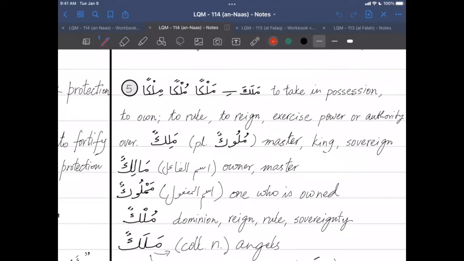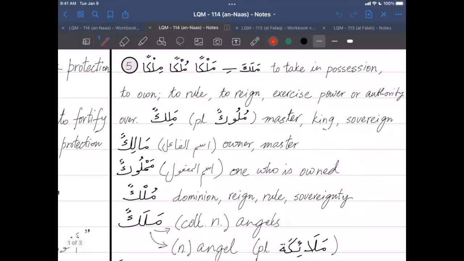Mulkun, not mulikun, but mulkun. Like we commonly use this in our Urdu, mulk, has a meaning of dominion, reign, rule, or sovereignty.